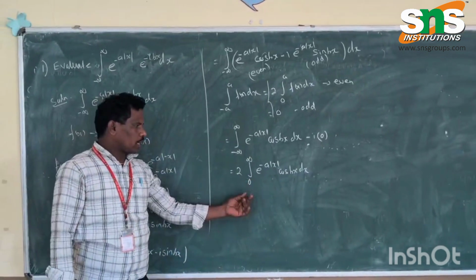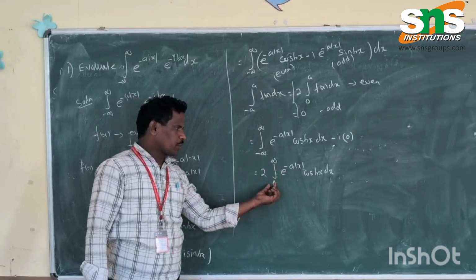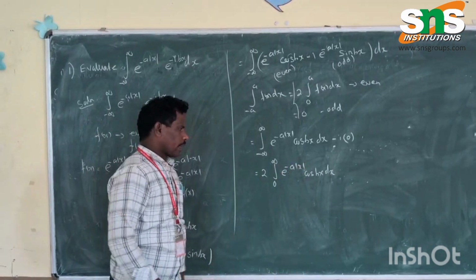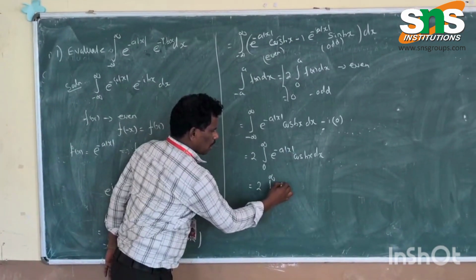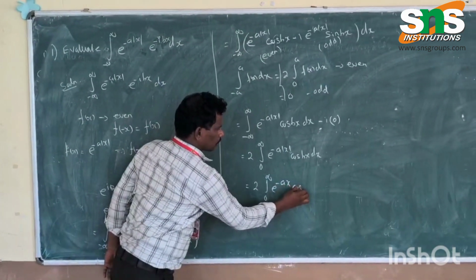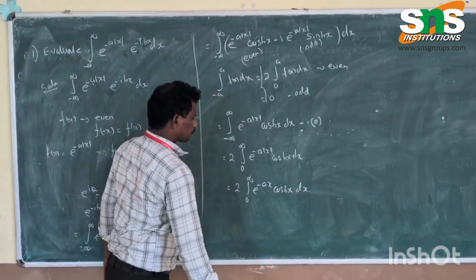Next, the limit is 0 to infinity. This is a positive value. For positive values, mod x is nothing but x. So 2 times the integral from 0 to infinity of e power minus ax into cos bx dx.